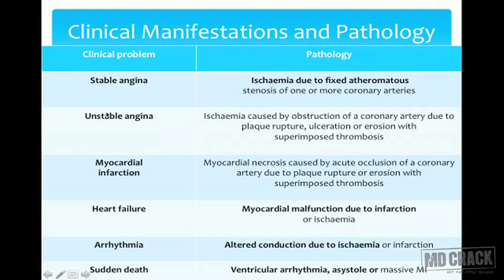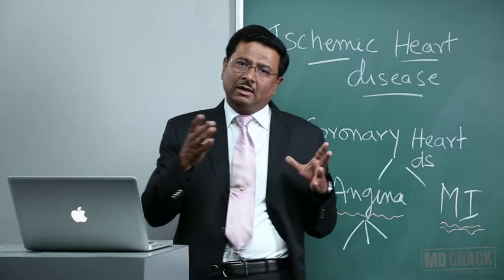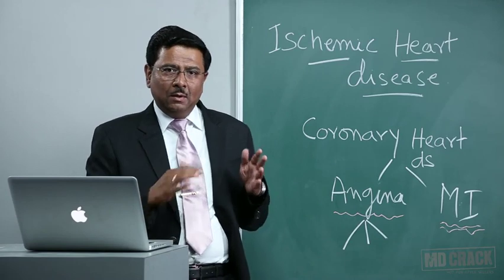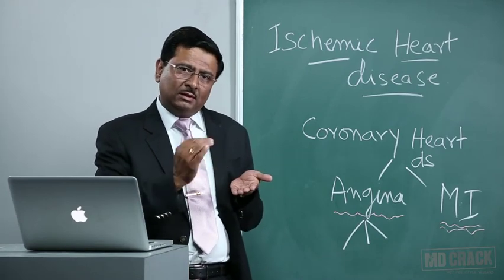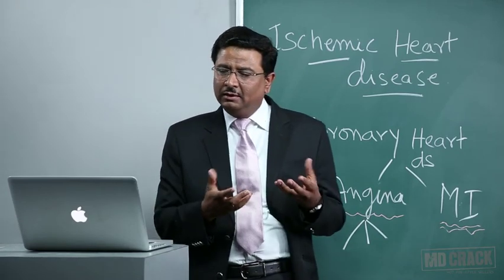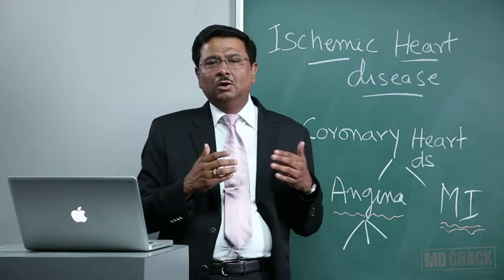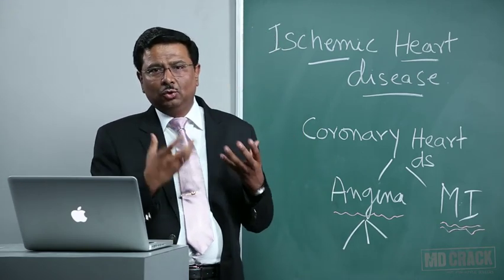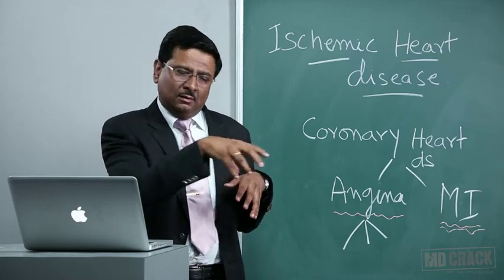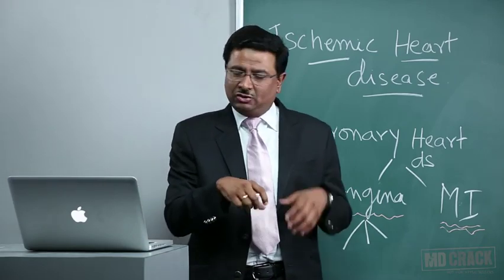In unstable angina, there is ischemia which is caused by obstruction of a coronary artery due to plaque rupture, ulceration or erosion with superimposed thrombosis. So stable angina can get converted into the unstable type when there is a complication over the atherosclerosis, such as plaque rupture, plaque ulceration or erosion with superadded aggregates of platelets.